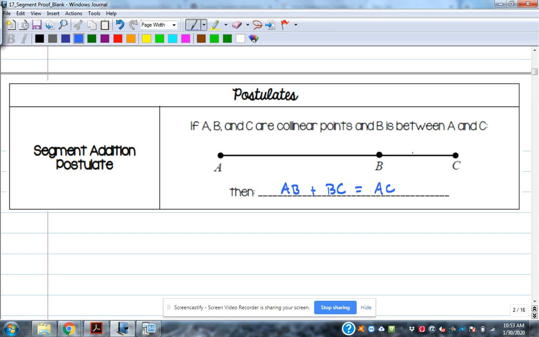AC. Obvious things we know, but it's a postulate. It's a rule of geometry that has to happen for other things to be a result of that stuff. So segment addition postulate.